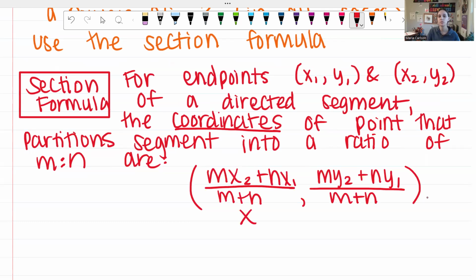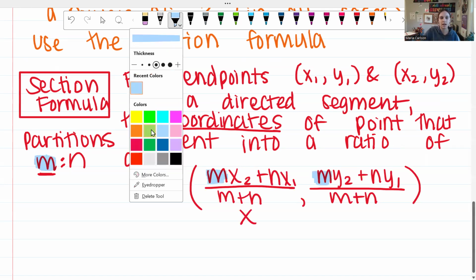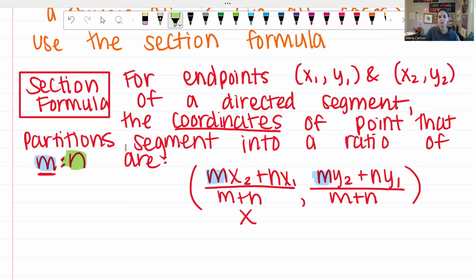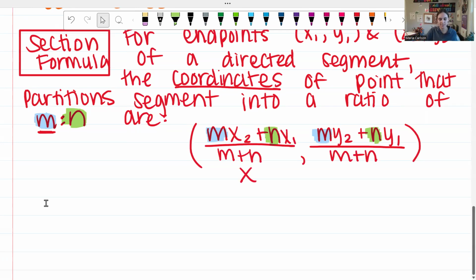It is super important that you multiply the first number in your ratio, which is m, times x2 and y2. And then you multiply the second number in your ratio, n, times x1 and y1. If you flip-flop that, your answer will not always be correct. I've learned that the hard way. All right, so let's look at some examples.